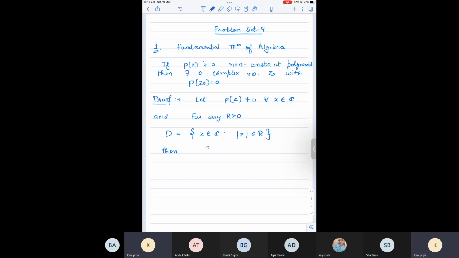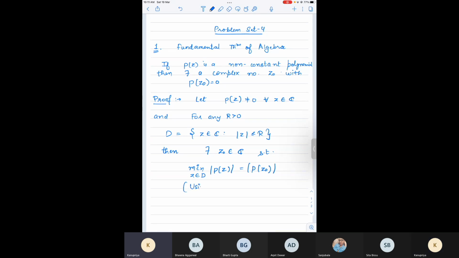So there will be some z naught belonging to C such that the minimum of mod of P(z), for z belonging to D, will be mod of P(z naught).